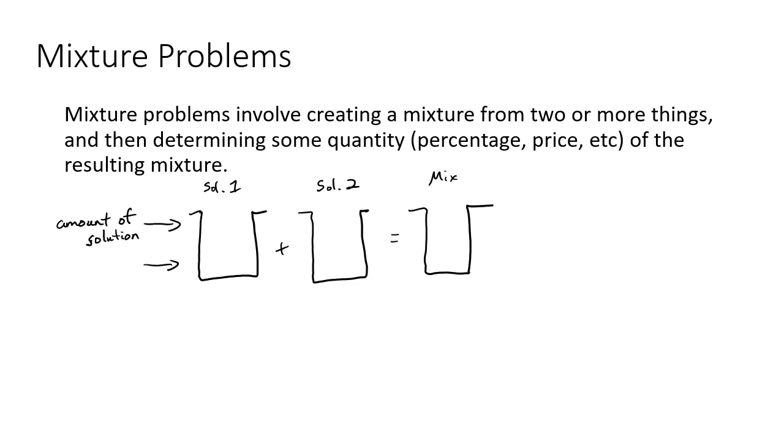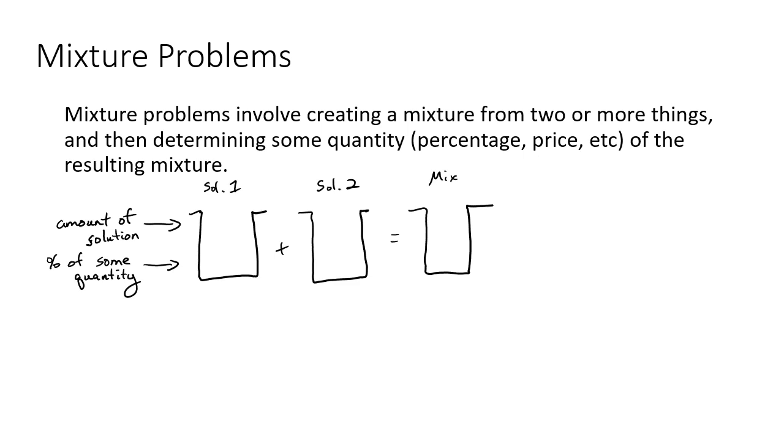And then I'm going to do a second row in these beakers that's going to represent the percentage of some quantity. In our next example, it's going to be the percentage of butterfat, but it could be percentage of all kinds of things. That's also where you would put the price if you were instead working with a price mixture problem, so on and so forth.